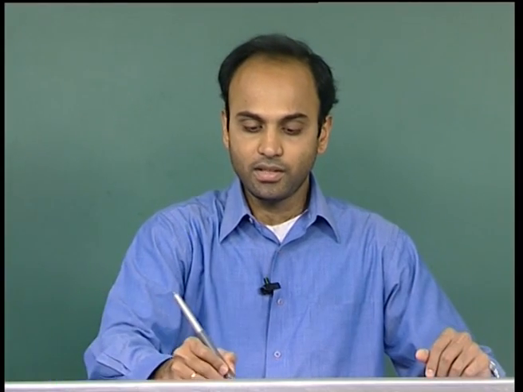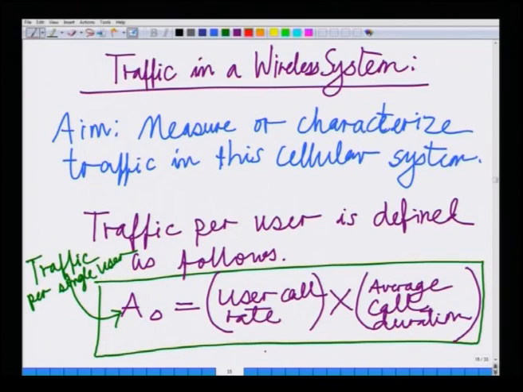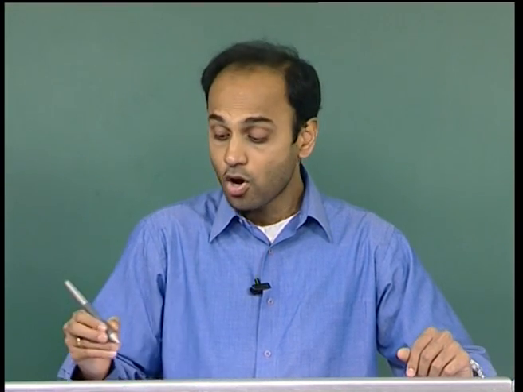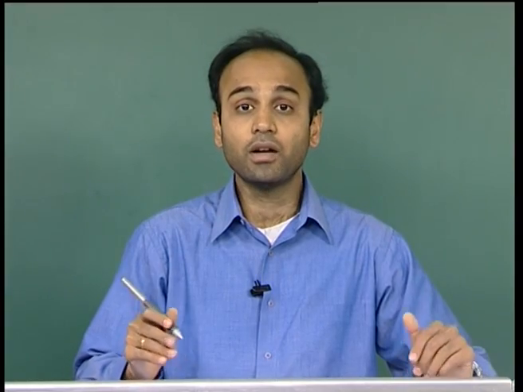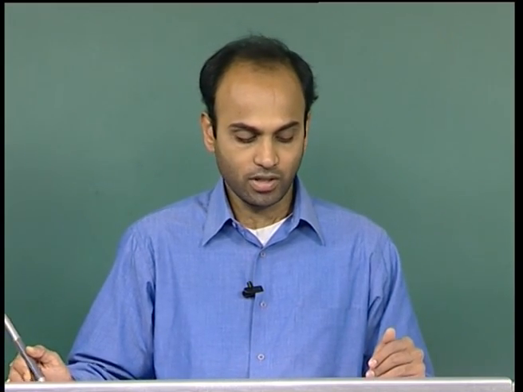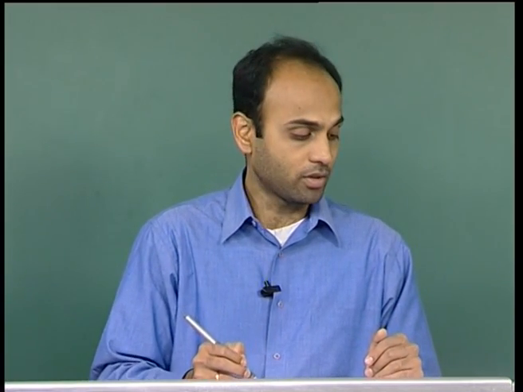As you can see, this traffic increases if either the user call rate increases, that is the users are frequently placing calls, or the average call duration increases, that is they are placing fewer calls, but the duration of each call is longer. Naturally it is proportional to the product of these two things.